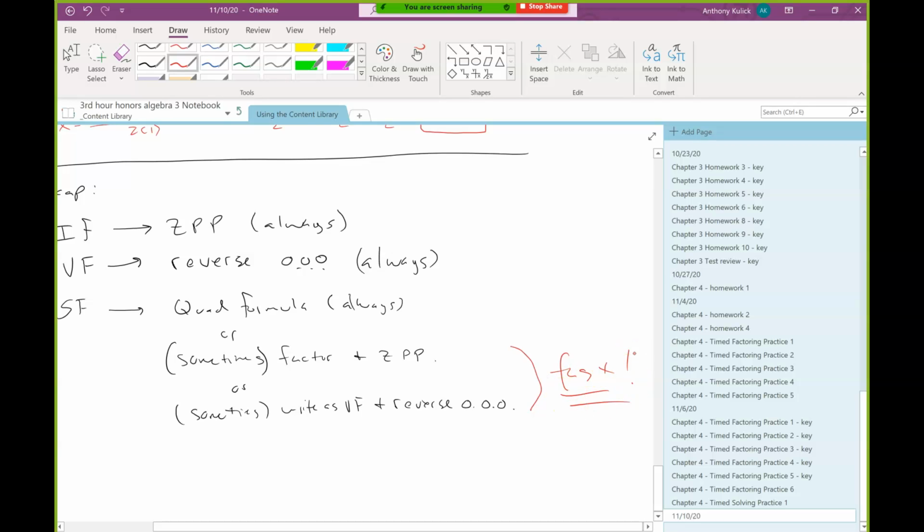If it's just like 4x squared minus 10 equals 0, it's probably faster to just burn through the reverse order of operations than use the quadratic formula. That's the advantage of those ones, is they're fast. But the quadratic formula works every time. And it's really the same amount of work every time, so it's not like it's really bad. But I just thought I'd kind of recap things going on here.